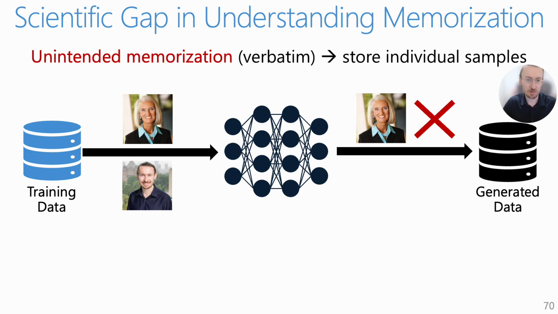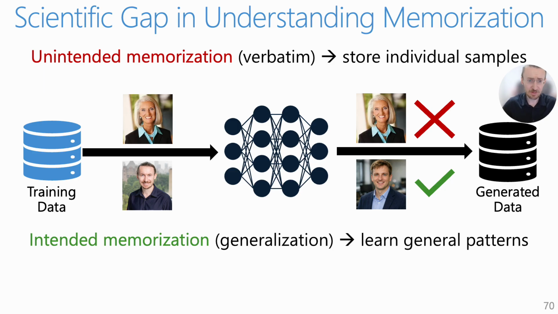We have first so-called unintended memorization, where models memorize individual samples verbatim. In this case we have this famous memorized face of the Graham lot that was memorized by a diffusion model. And another form of memorization, which we actually also want, is so-called intended memorization, where models learn general patterns.